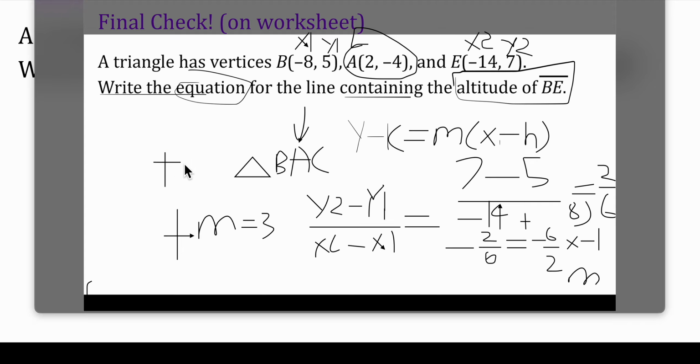Our normal slope is negative 1/3 if you simplify negative 2 over 6.